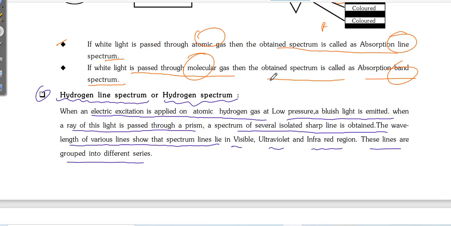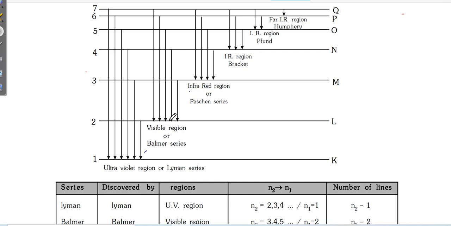So you can see here the hydrogen spectrum. In the hydrogen spectrum, first some lines were observed in the visible region, discovered by the scientist Balmer. So now it is known as Balmer series. First he discovered it in the visible region. The same experiments were done by different scientists.